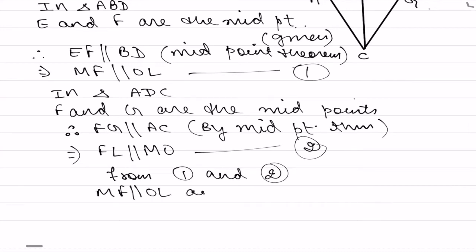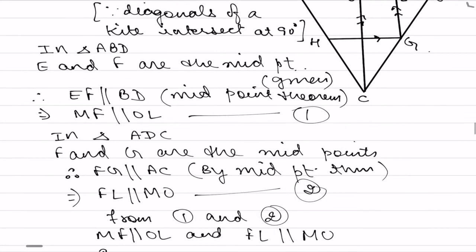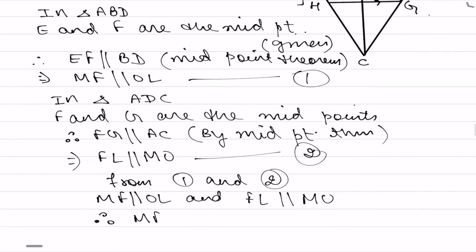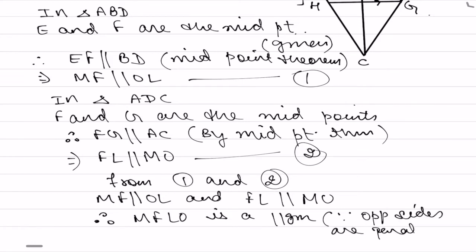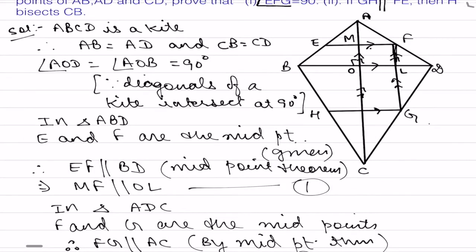Therefore, MFLO is a parallelogram because opposite sides are parallel. So this becomes a parallelogram.